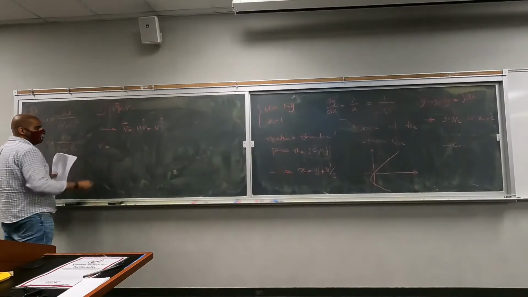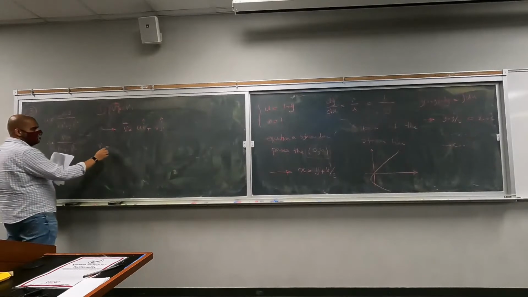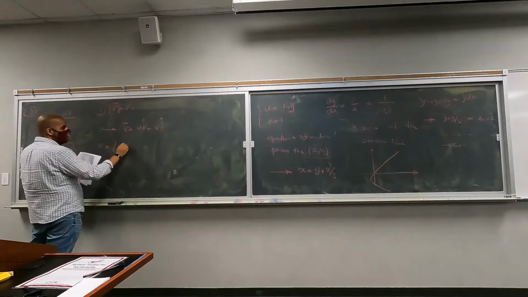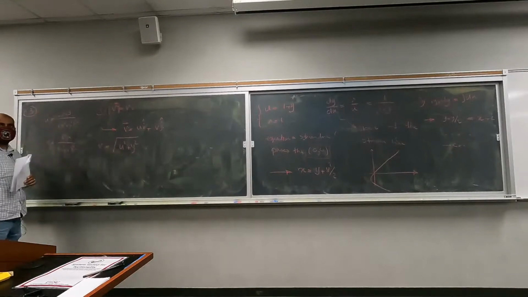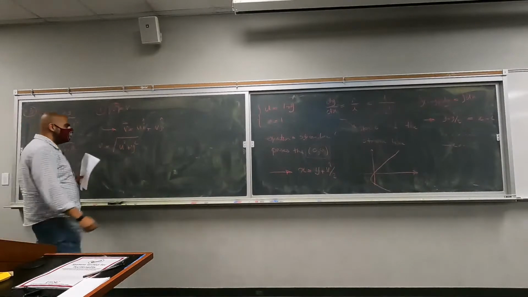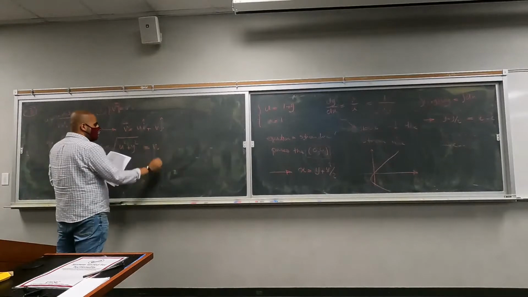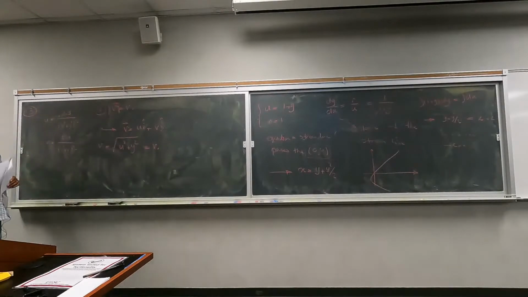The magnitude of velocity, which I'm going to use capital V for, is going to be the square root of u squared plus v squared. Okay? And we are to find the location where this magnitude is equal to V naught.